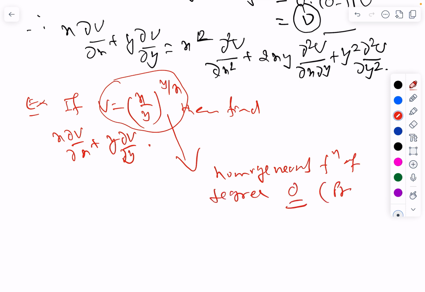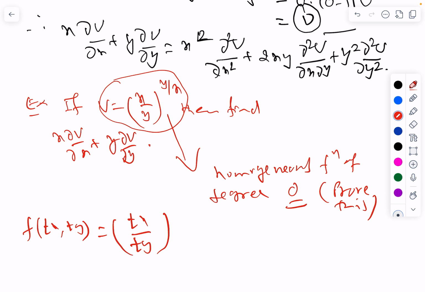It is not difficult, because tx by ty raised to ty by tx, t's cancel. So you will get f of tx, ty equal to tx by ty power ty by tx, t's cancel, so you will have f of x, y only. That is, you can consider t power 0 into f of x, y, and so it is a homogeneous function of degree 0.